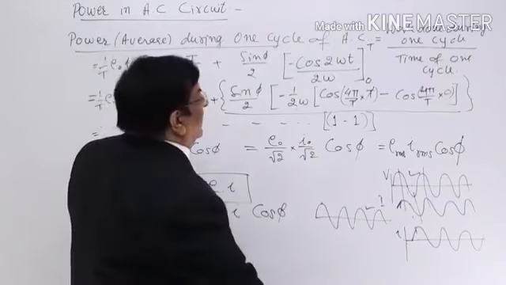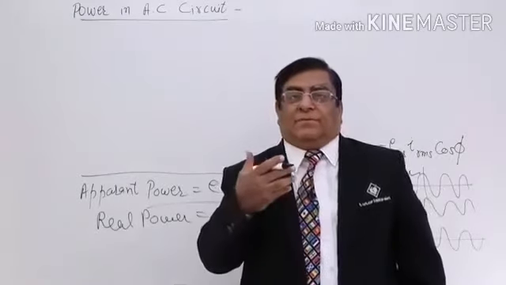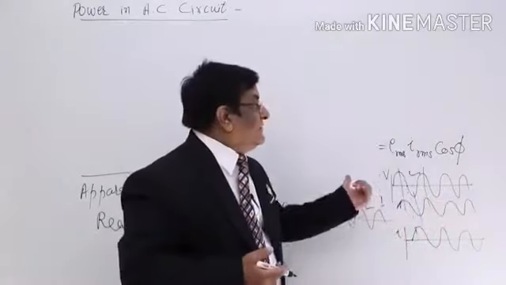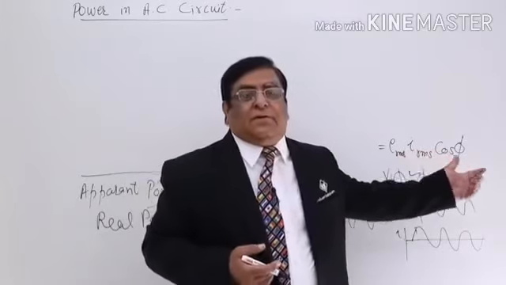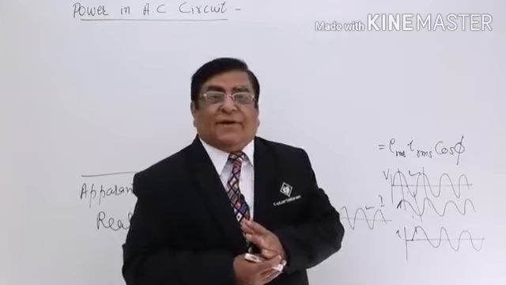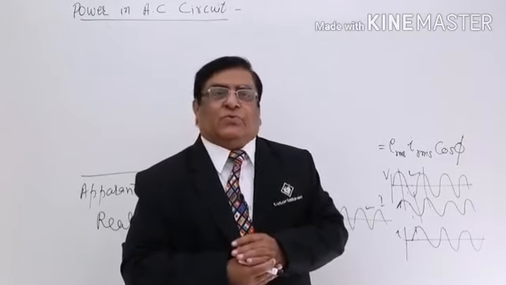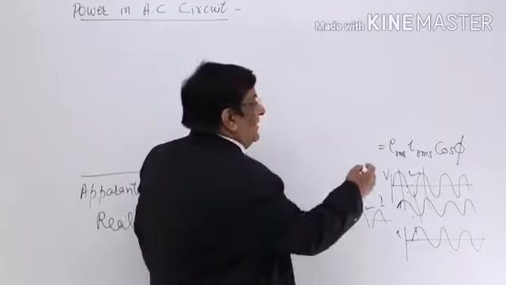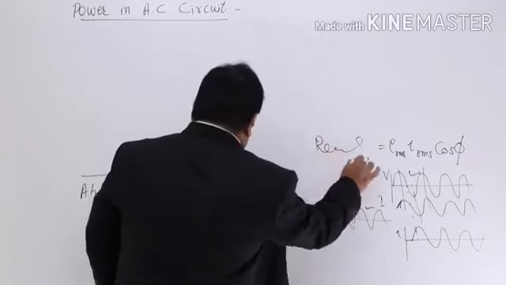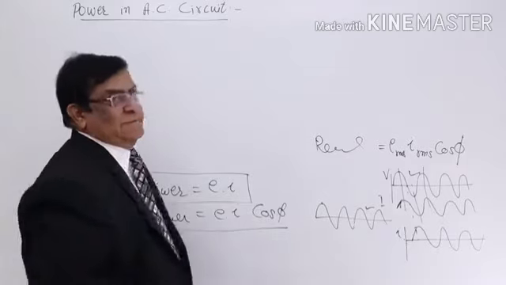Now the relation between the two, what this cos phi is, what its name is and how it is effective, we will discuss in the next lecture. So far we have seen that this is real power and this is apparent power. Thank you.